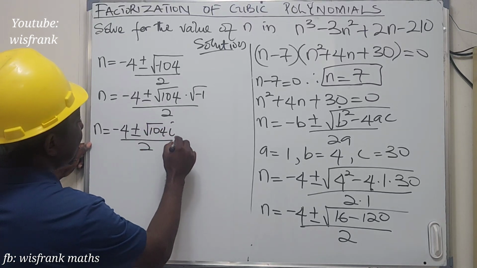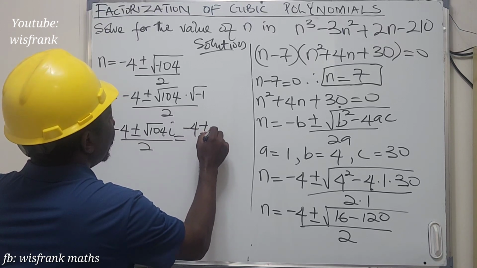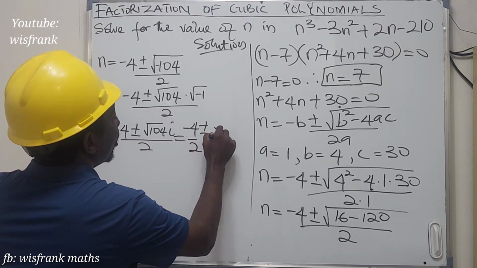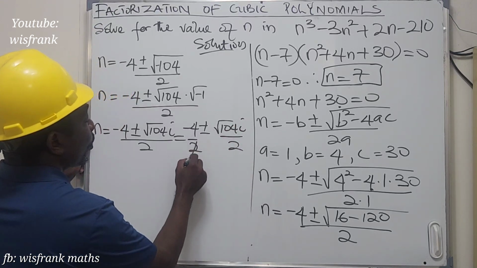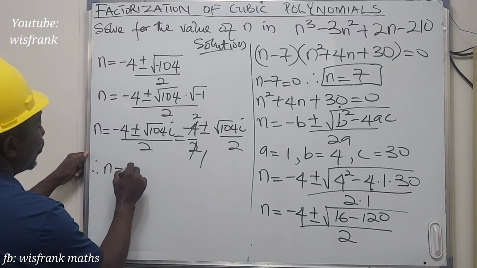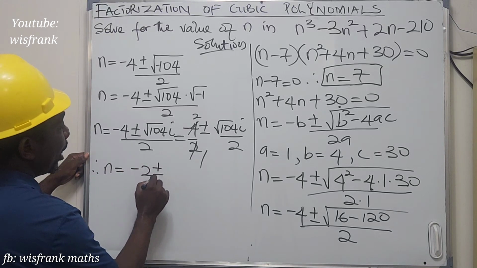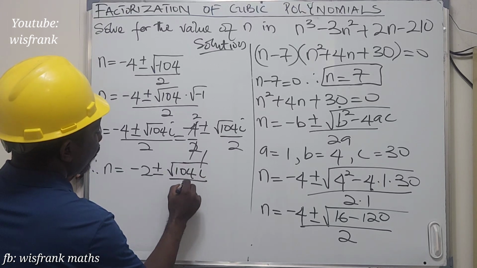We can write this as minus 4 over 2 plus or minus root 104 i over 2. So the 2 cancels here, 1, and the 2 cancels here, 2. Therefore, n equals minus 2 plus or minus root 104 i all over 2.